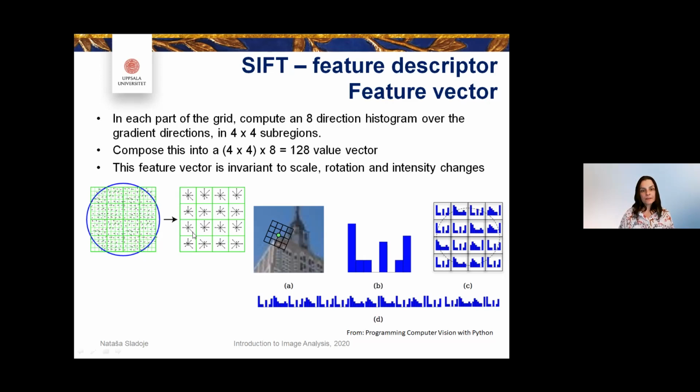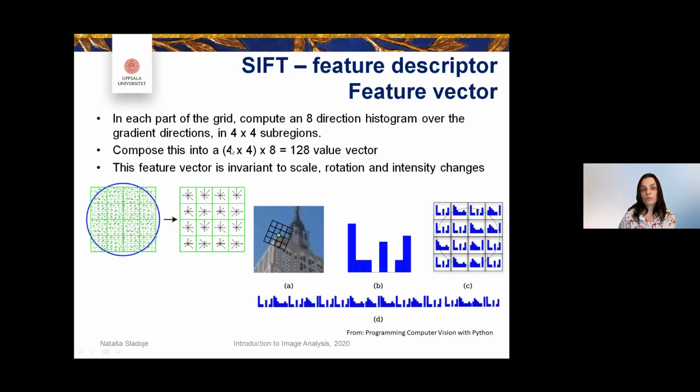And by that, we can have 4 times 4, 8-valued histograms of gradients in the whole bunch of subregions around the point. We can concatenate these histograms and create a description that can be then encoded as a vector, which then has 128 values.